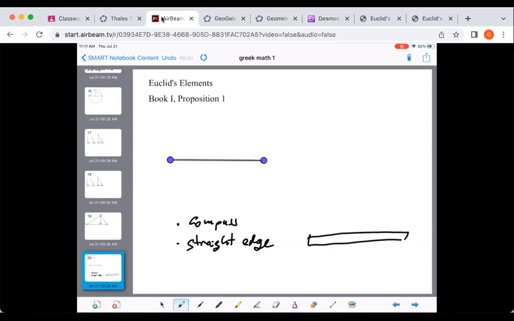And it allows us to make straight lines, which, according to the common notions and the postulates, we can make. Now, a compass is actually not what you think of. When you picture a compass, you picture this thing, pen, pencil, and a point here.